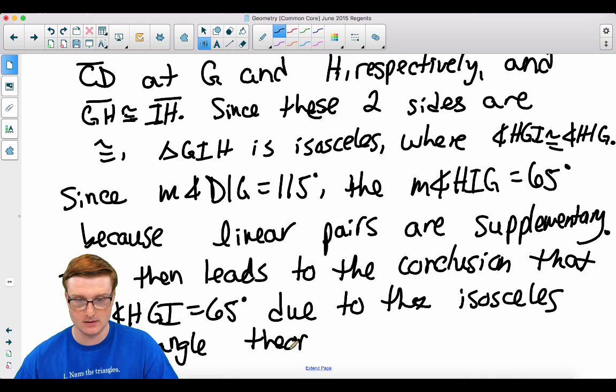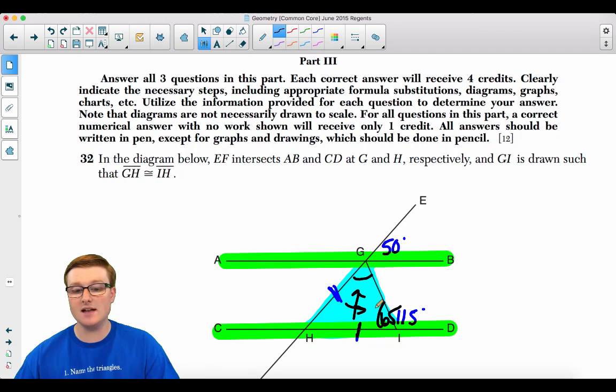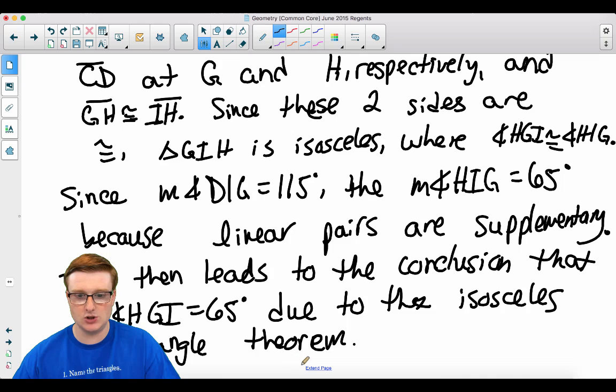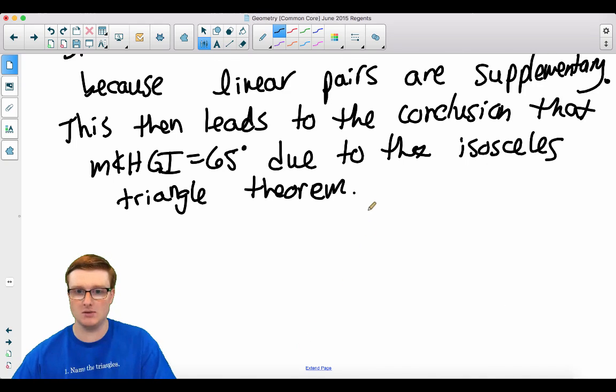So if this angle is 65, then this angle up here is also 65. And again, we're trying to lead this to proving lines parallel. And I promise we're almost there.